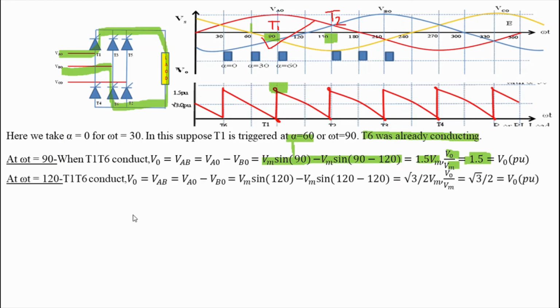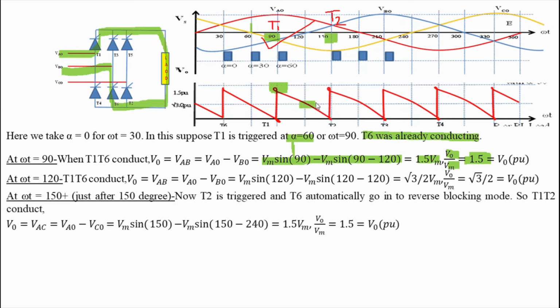Now at omega t is equal to 120 degree, again these thyristor T1 T6 will conduct and we will get V naught is equal to VA naught minus VB naught, that is equal to root 3 by 2 Vm. So in terms of per unit, we get root 3 by 2 per unit. So here we will get root 3 by 2. Now at omega t is equal to 150 degree, this thyristor T2 was triggered.